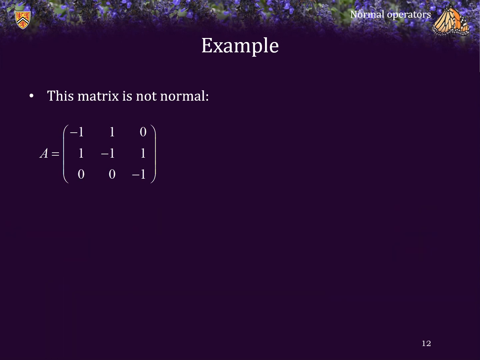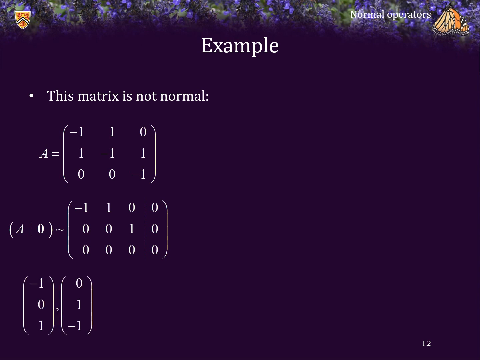Now in this case, I moved the 1 at entry 3, 1 to entry 2, 1. So this matrix is close to, but not identical to the previous matrix. However, this matrix is not normal. Solving the homogeneous system of linear equations, we get that a basis for the range are the first and third vectors, which is sort of obvious because the second column is a scalar multiple of the first.